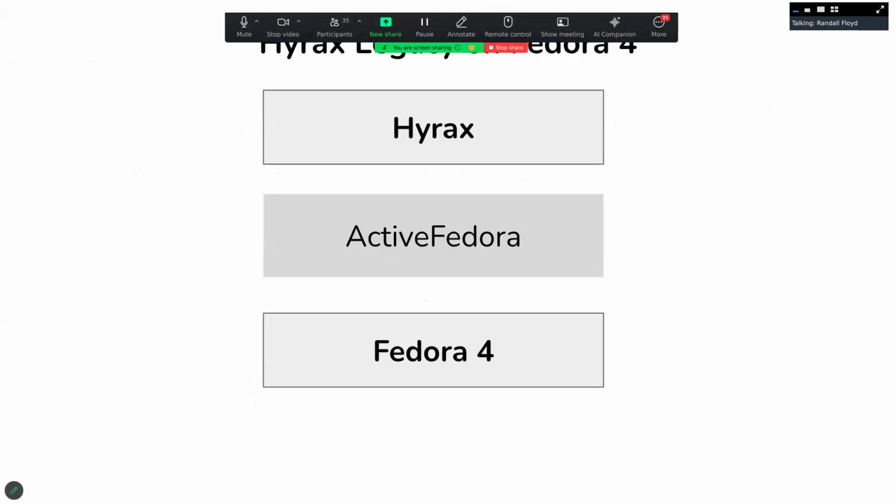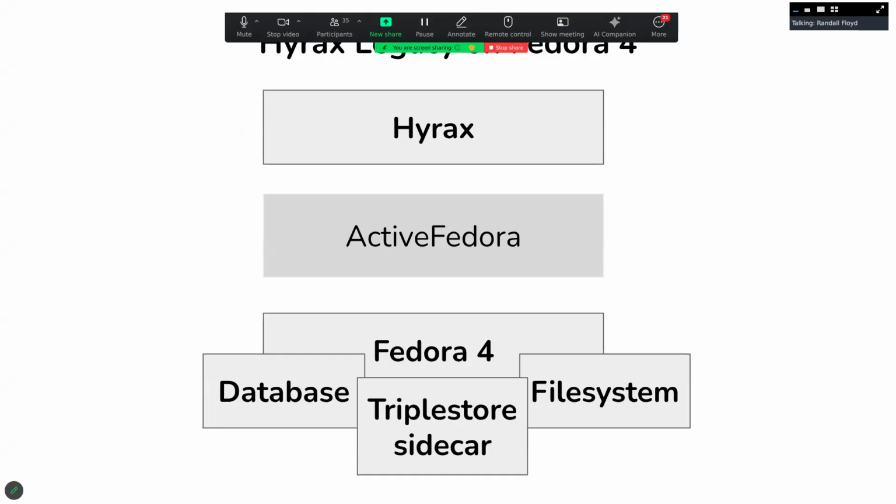The early days produced lots of people trying to get Fedora out of the direct line of fire and the direct interaction within the application, and get it downstream a little bit by piecing other things in and around Fedora and the way that Hyrax interacts with Fedora, like sidecar triple stores like Blazegraph, things that were more performant.